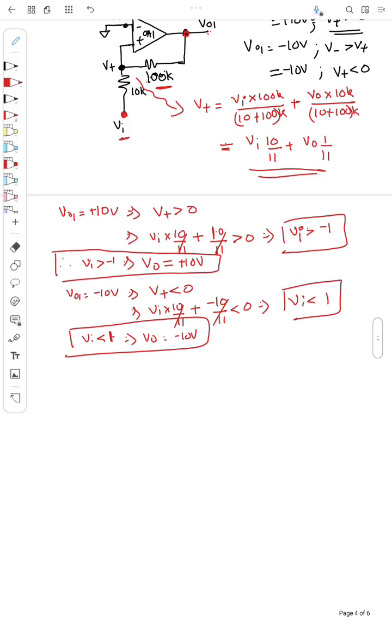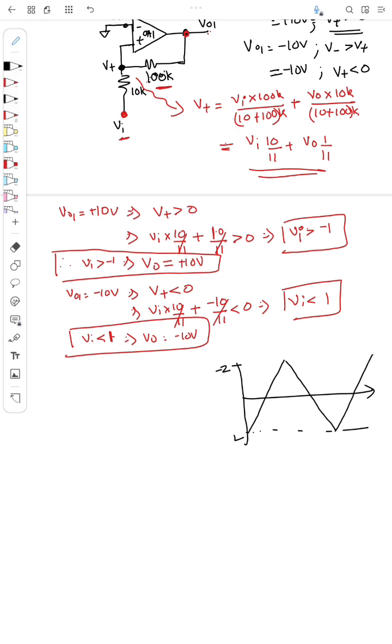So how the voltage will be? I can draw here. If this is the signal, this 2 volt, this minus 2, this is the Vi, this is 0, this is minus 1, this is 1.